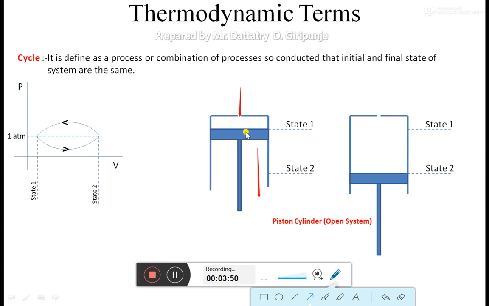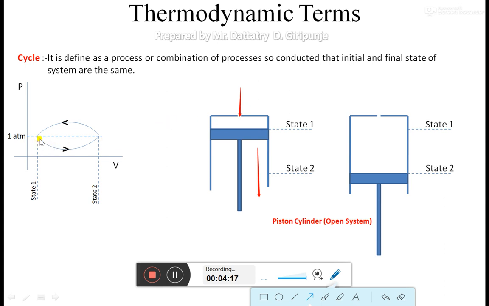Whenever this piston moves in the downward direction, vacuum, or negative pressure, or suction pressure, will initiate at this region, and that negative pressure is responsible for attracting and sucking atmospheric air inside the system through this tiny hole.